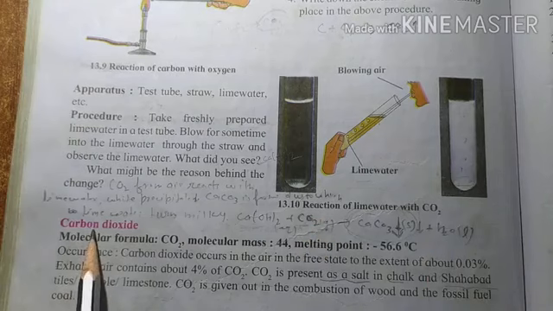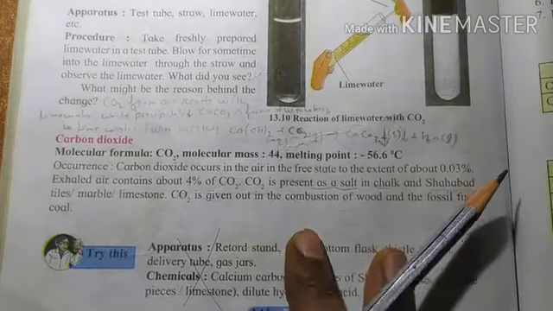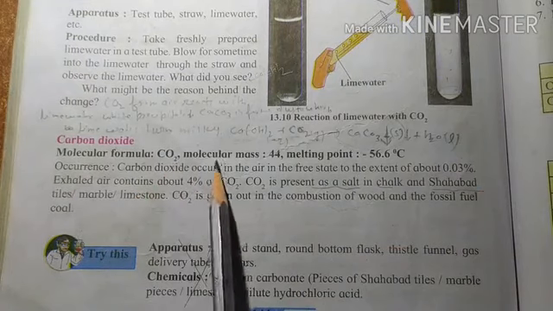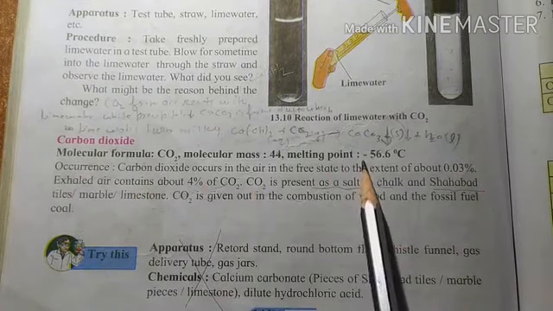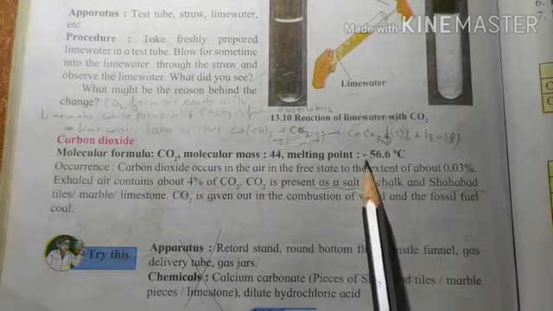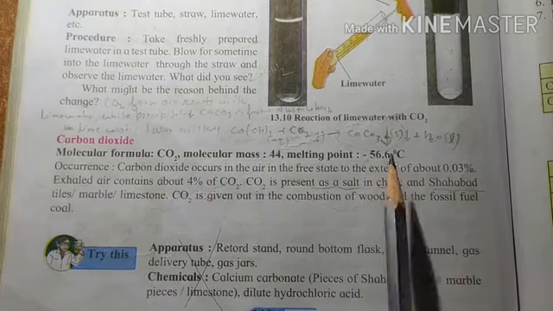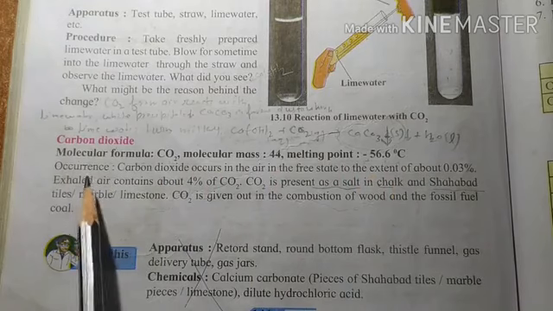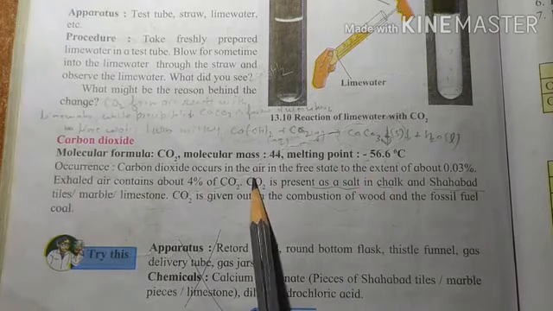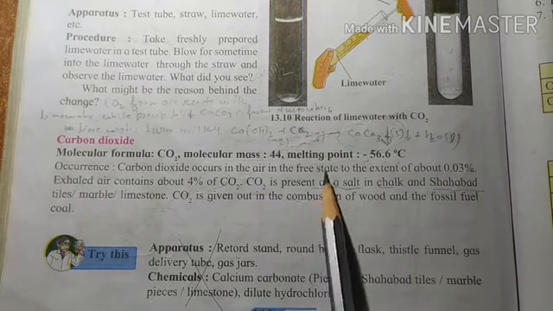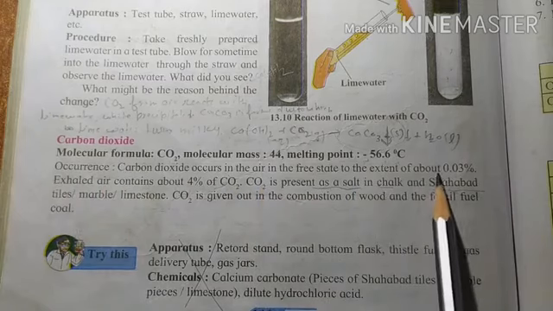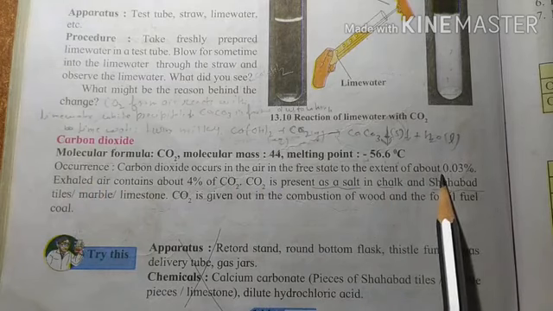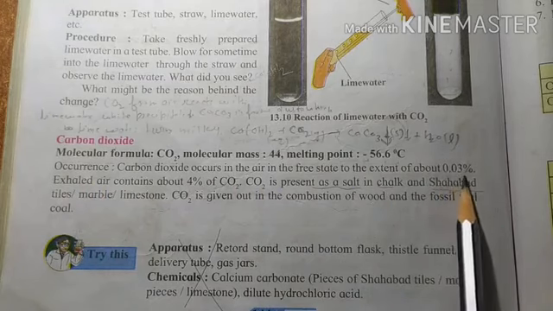Next, carbon dioxide. Molecular formula CO2. Molecular mass 44, melting point negative, minus 56.6 degrees Celsius. Occurrence: carbon dioxide occurs in the air in the free state to the extent of about 0.03%.